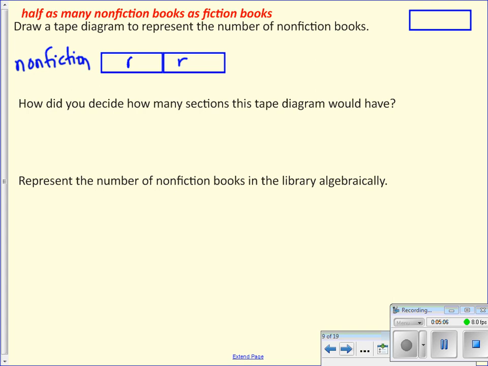So how could I write that algebraically? 2R. Yep. So our nonfiction equals 2R.